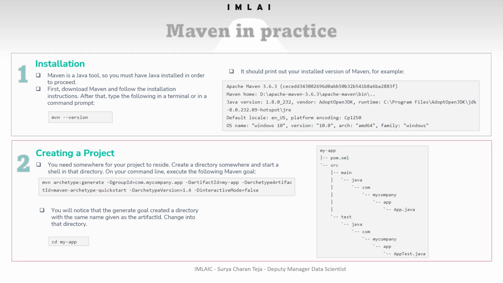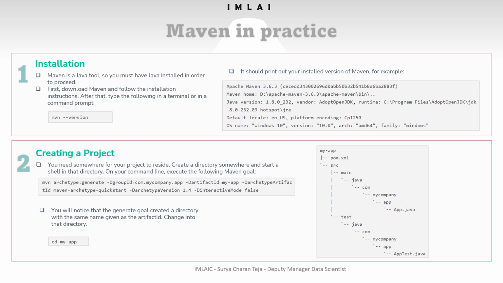What parameters have I passed? The prefix archetype is the plugin that provides the goal. If you are familiar with Ant, you may conceive of this as similar to a task in Ant. This archetype generate goal created a simple project based upon the maven archetype quickstart archetype.